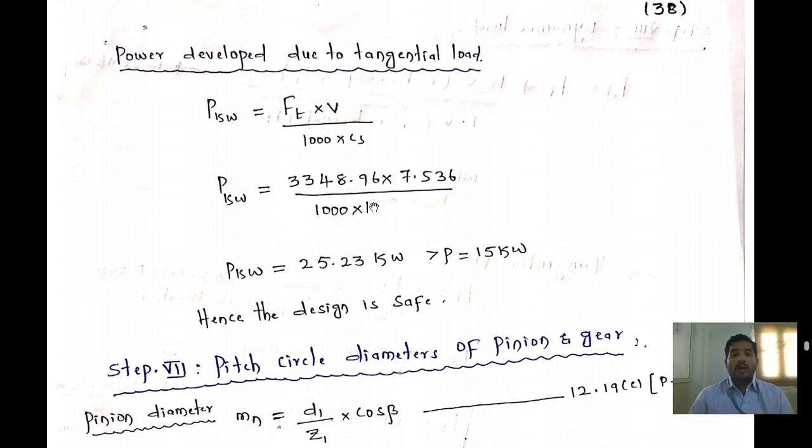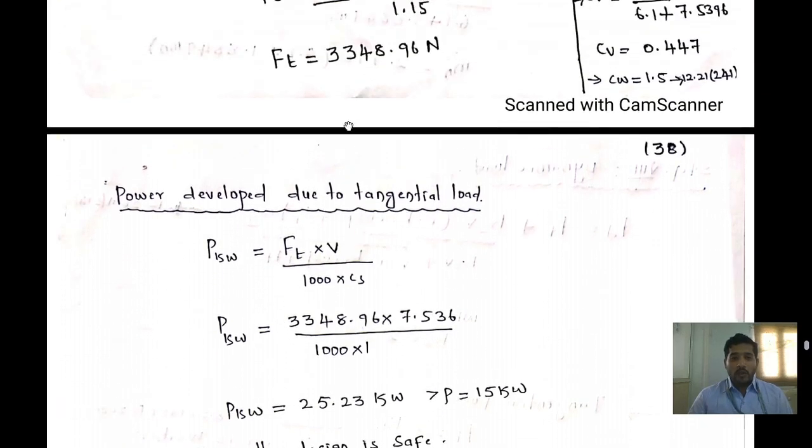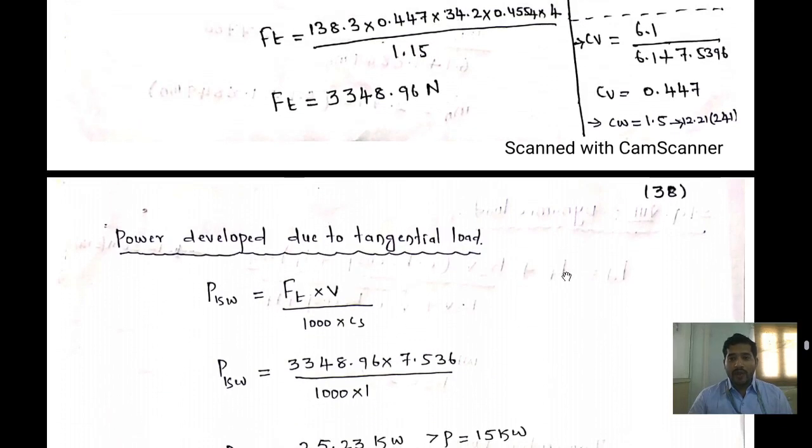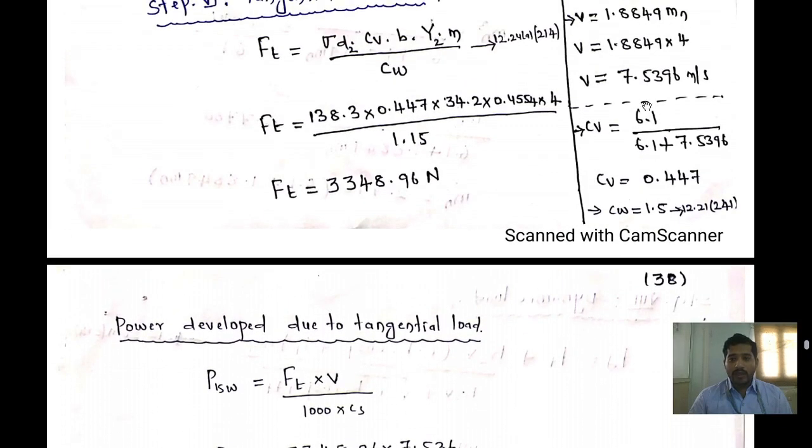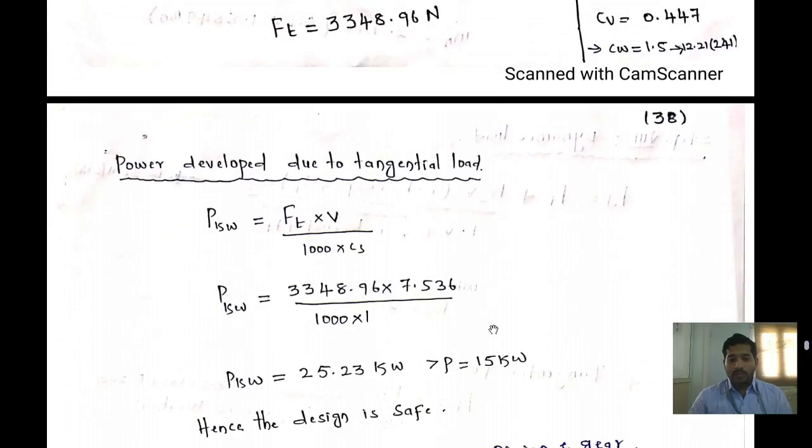Clear? The power developed due to the tangential load, we have the formula P is equal to tangential force into linear velocity by 1000 into CS. So FT value is 3348.96 into V, and the V value we already got as 7.536, by 1000 into CS, whose value you always need to consider as 1.